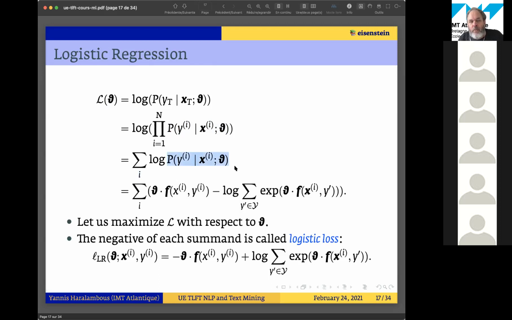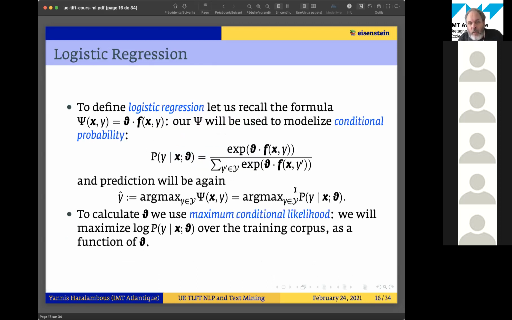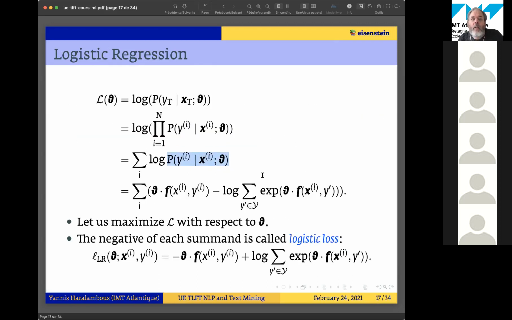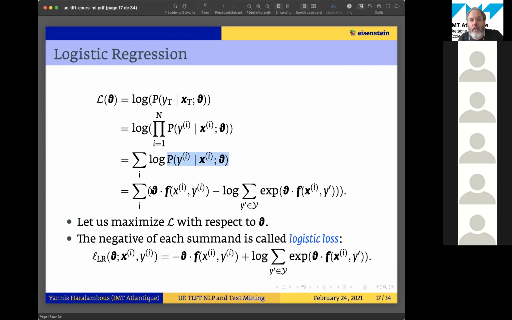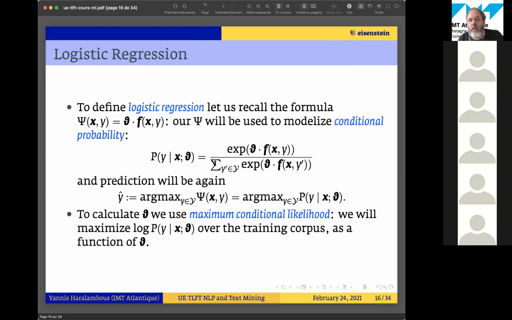And this one, according to my formula, is the log of a fraction. So it's the log of the numerator. The log of the numerator is the log of the exponential. So the log eliminates the exponential, and I get only the scalar product. And here, since it's a sum, I have to keep the log of the sum of the exponentials. So this is the log of the denominator.